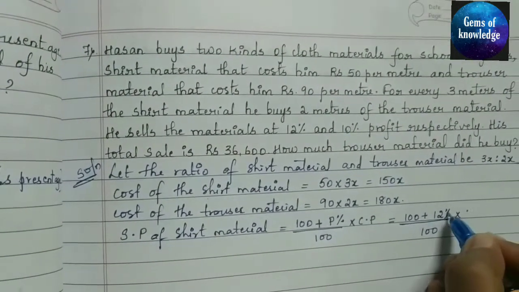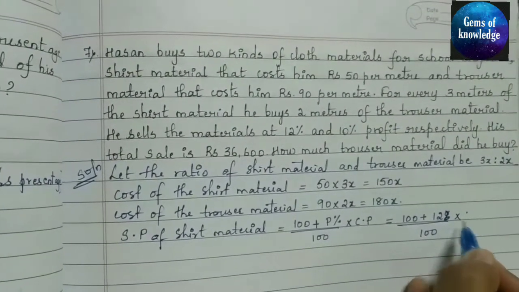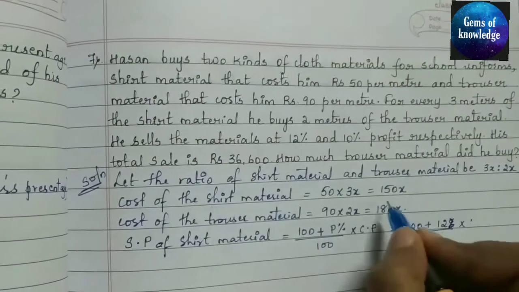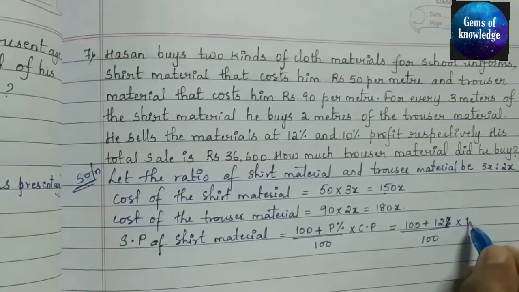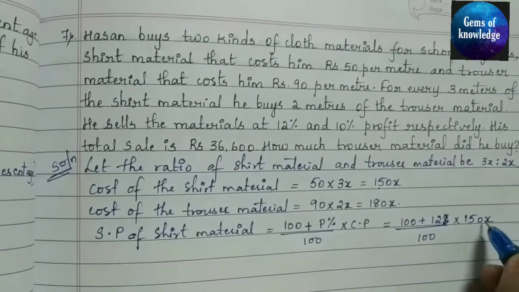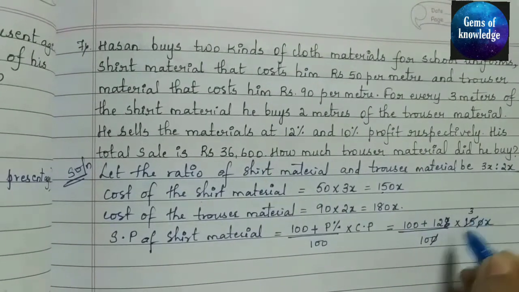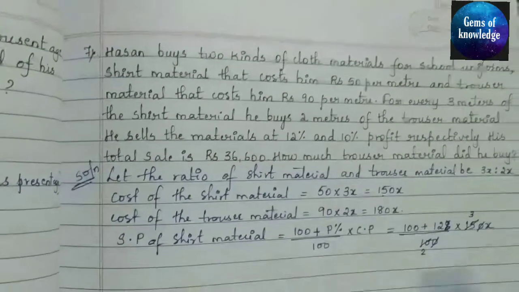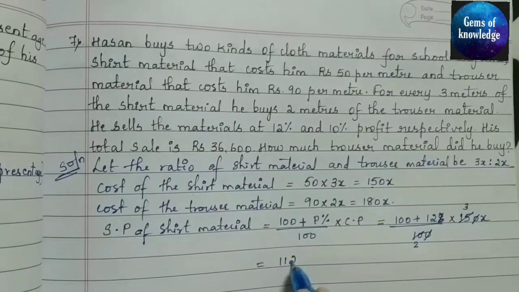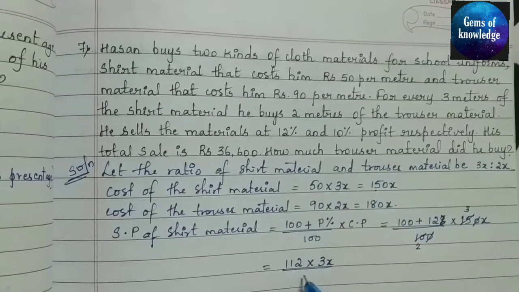So what is the cost price? Sorry, here percentage will not come here, into the cost price. So what is the cost price here? We have to take cost price as 150x. Now we can see here this 0 and this 0 is cancelled. 5 3s are 15, 5 2s are 10. So here we will get 100 plus 12 is 112 into 3x divided by 2.